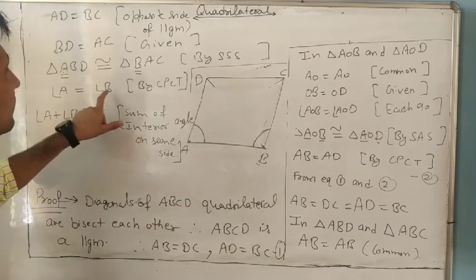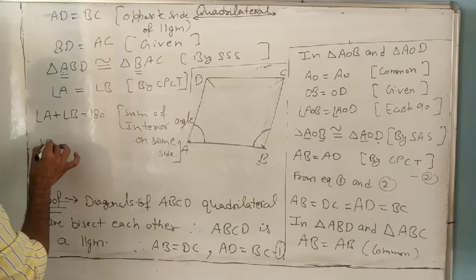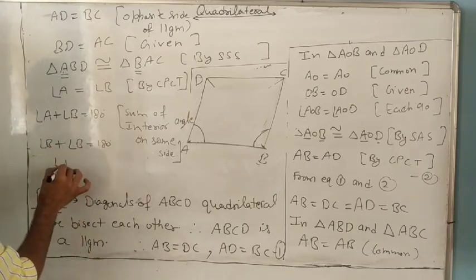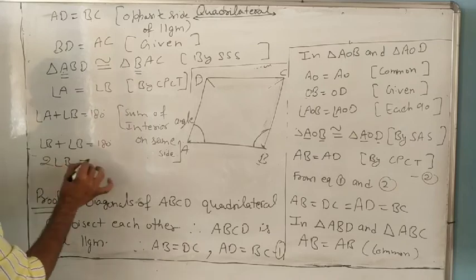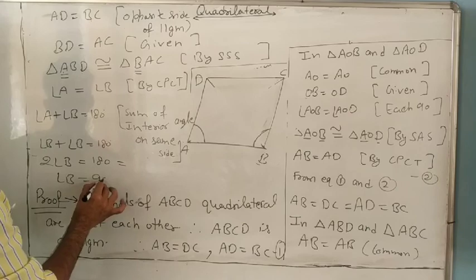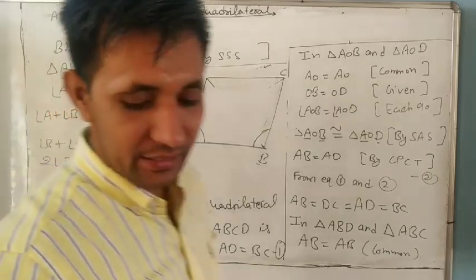And angle A equals angle B. So putting angle B in place of angle A, angle B plus angle B, 2B, is 180. It means angle B equals 90 degrees.